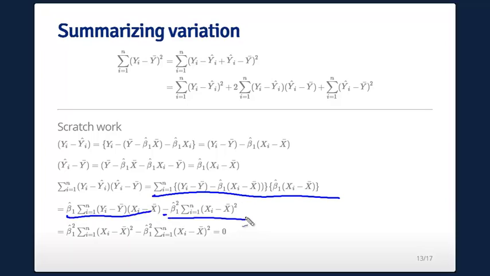Of course you can churn through the details, but then you wind up with beta 1 hat squared times the sum of the x deviations squared minus beta 1 hat squared times the sum of the x deviations squared. Of course these are both the same thing, so they equal 0.